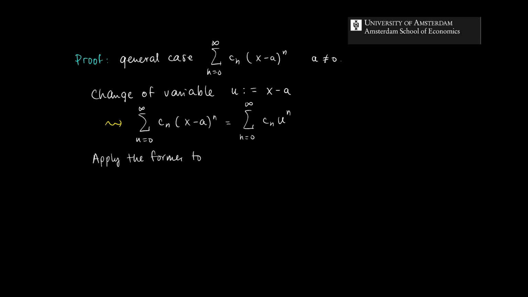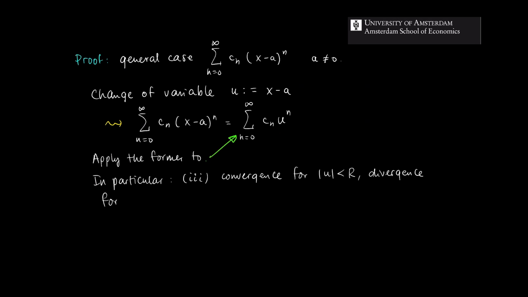In particular, we had the following: we see convergence for u in absolute value smaller than some R and divergence for u in absolute value larger than R. But now return to the true meaning of u, which is x minus a.